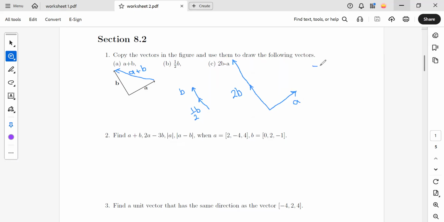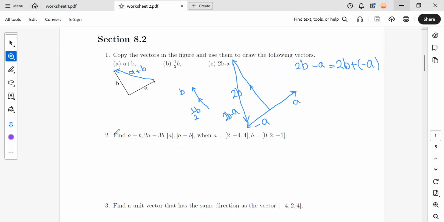So you can say that negative a is... 2b negative a is the same as 2b plus the opposite of a. So if you want to draw the opposite of a, that would be this way. And 2b minus a or 2b plus negative a is like this. So this is 2b minus a.